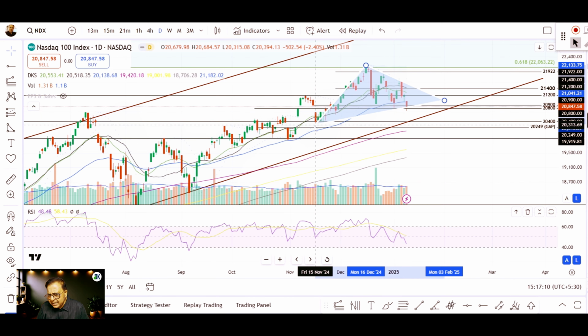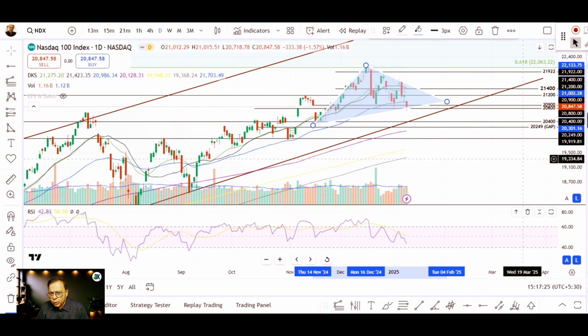So, if the price gives a breakout of this important flag like this, so this is the area of resistance, then upside momentum will develop in this particular index.